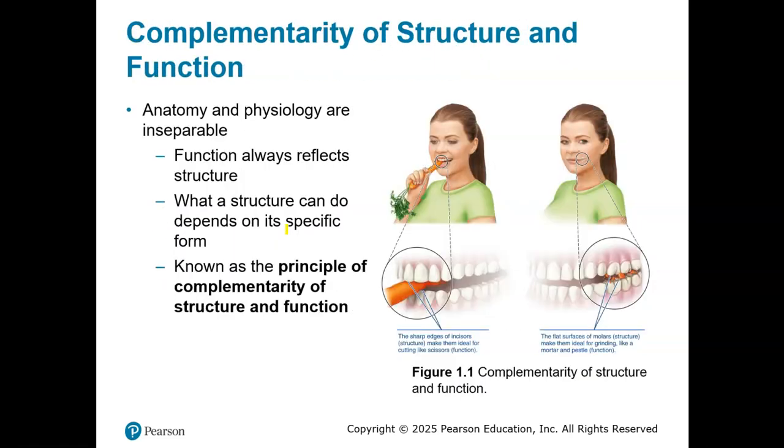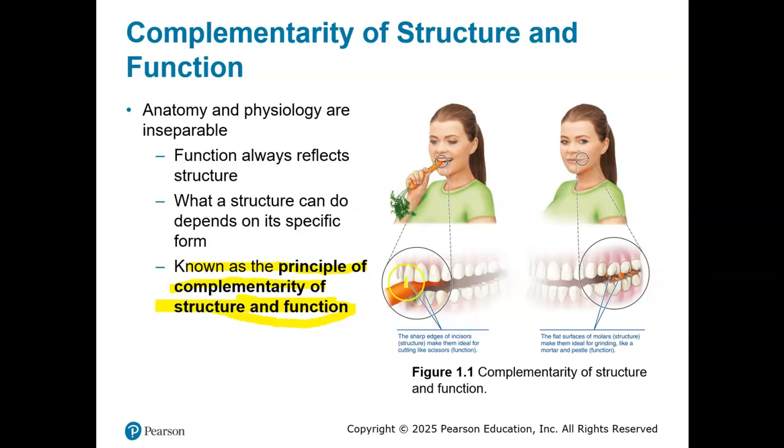But this page is just reminding you about the relationship between anatomy and physiology. And it is called the principle of complementarity. The principle of complementarity of structure and function is just this whole idea that the structure determines the function. The structure of the teeth determines what they do.